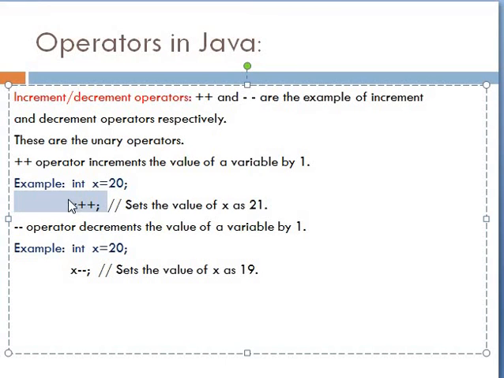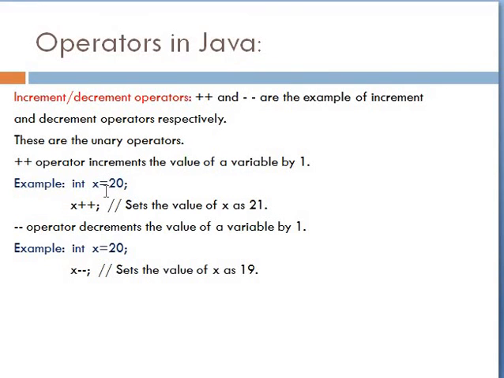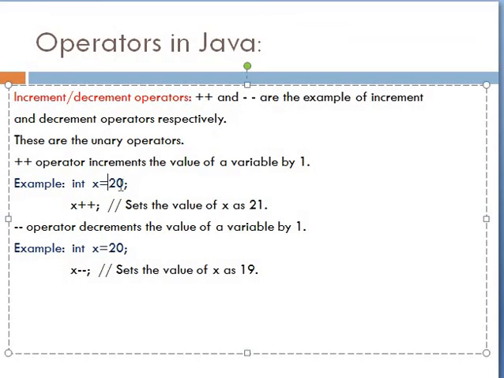So this sets the new value for x as 21. The previous value of x, which was 20, gets increased by 1 with the use of this ++ increment operator, and this sets the new value of this variable x as 21.